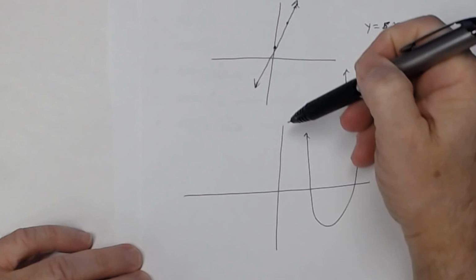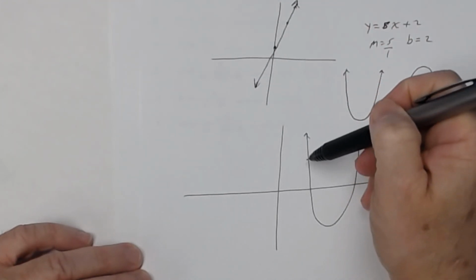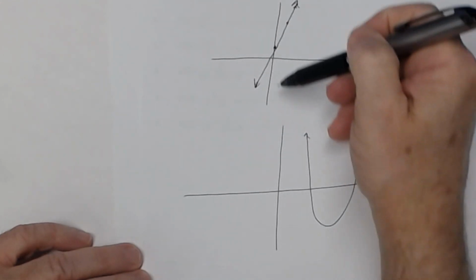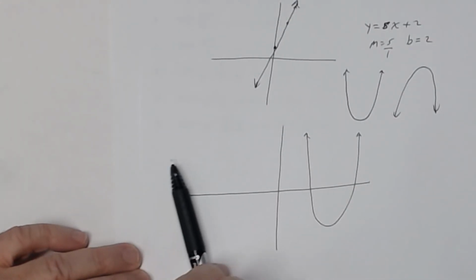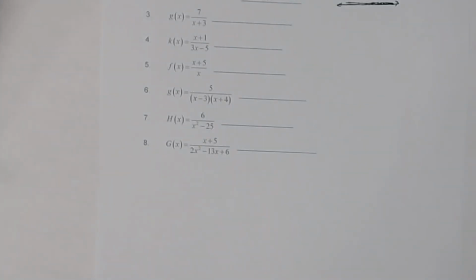It just keeps going like this. It doesn't go straight up, otherwise it would no longer be a function. But it kind of goes like this. All right, and so you're going from negative infinity to positive infinity. So that's the idea behind numbers 1 and 2.